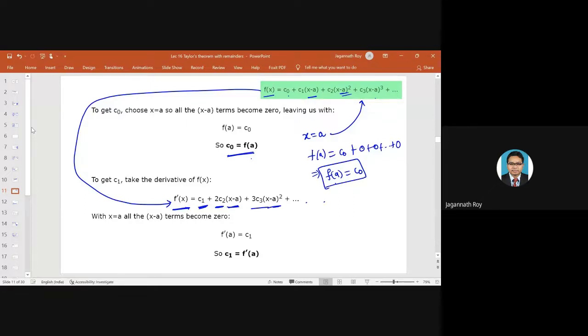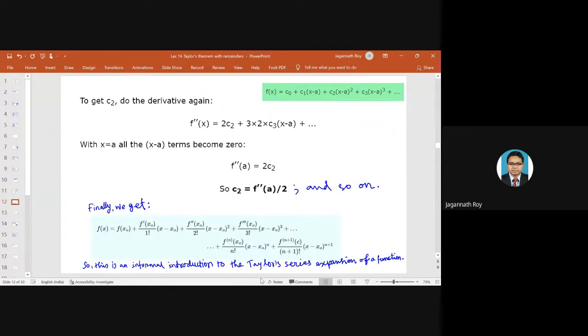Now again we put x equals a in this expression, and we get c1 equals f dash of a. In this way, for f double dash of x, we get 2 times c2 plus 3 into 2 into c3 (x minus a), and then f double dash of a equals 2 times c2. So from here you get the c2 value.